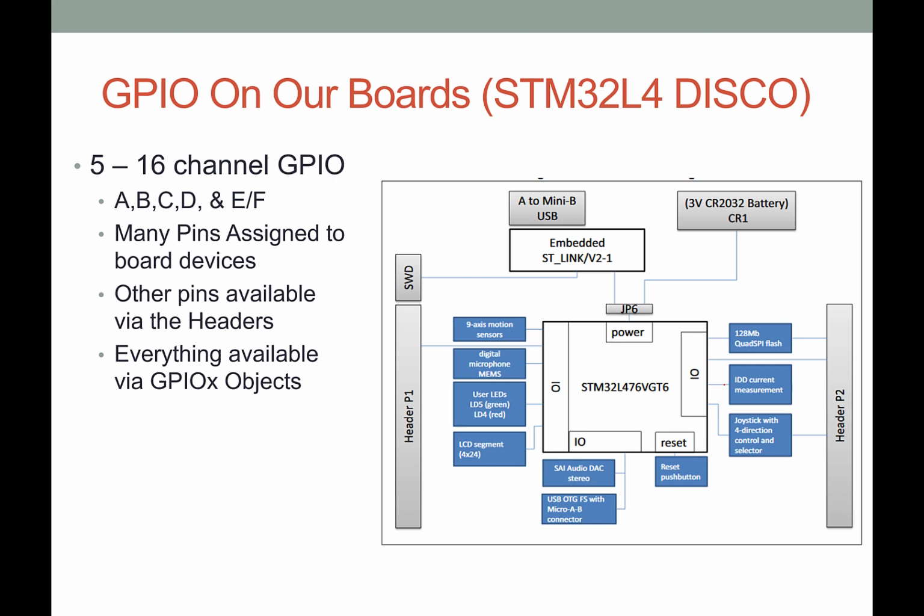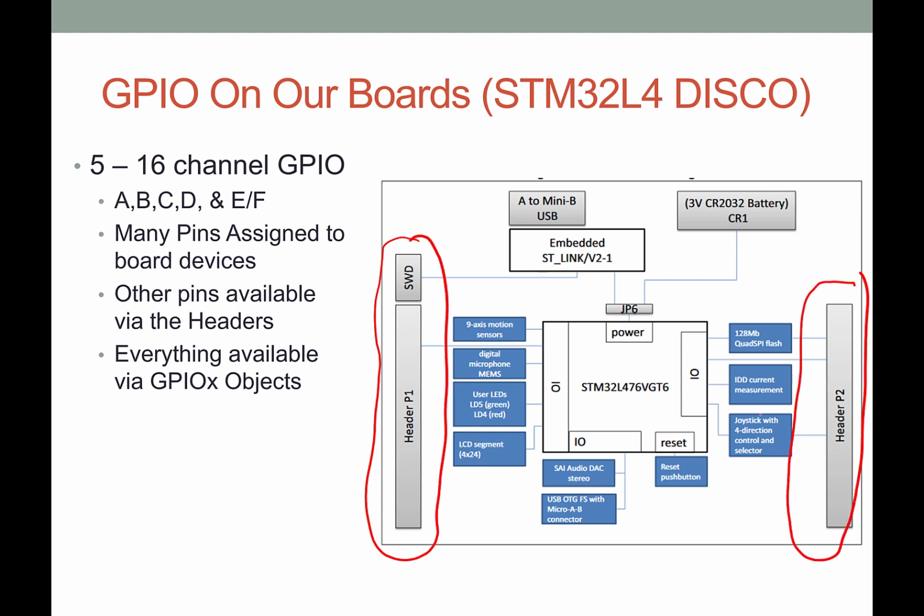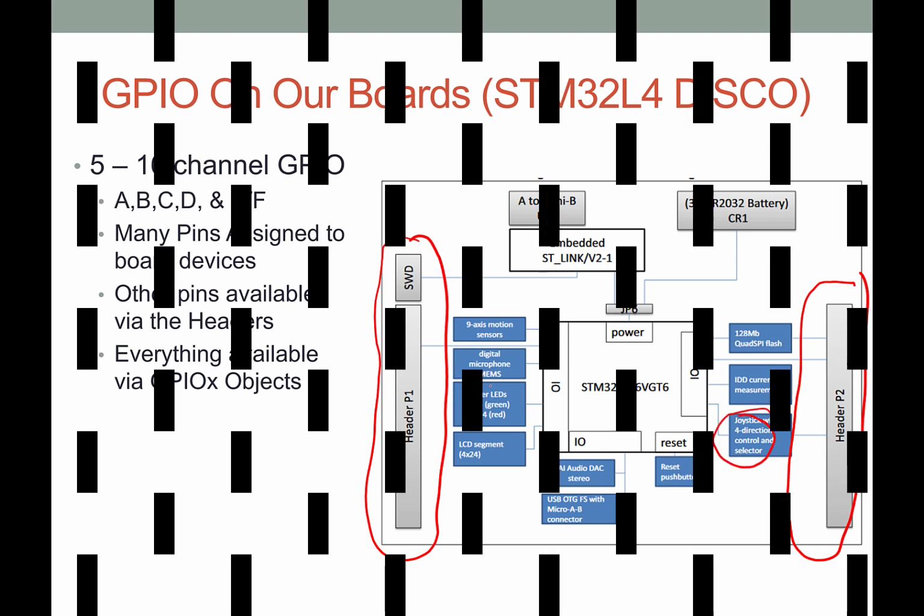Okay, so we have the 32L4 discovery board, which is an M4 board, and you can see what this is trying to tell you is that we have headers along one side of the board and headers along the other side of the board. We have the joystick, which we can control.